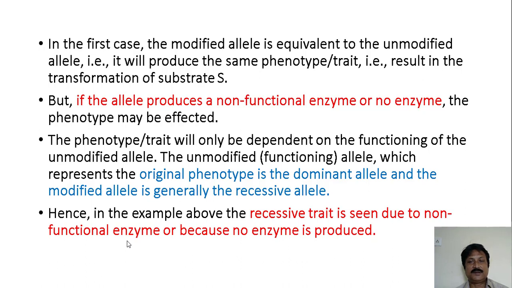Hence, the recessive trait is seen due to non-functional enzyme or because no enzyme is produced. This is how we can explain such events of how the alleles are functioning.